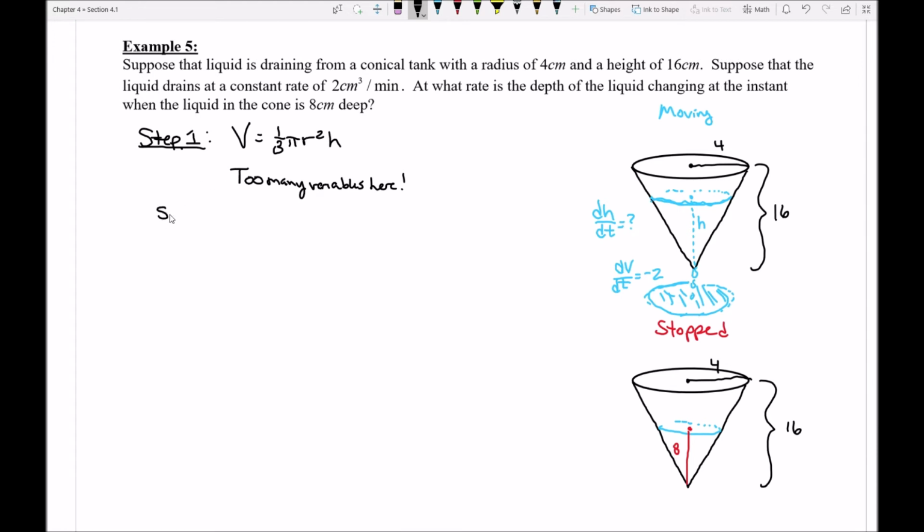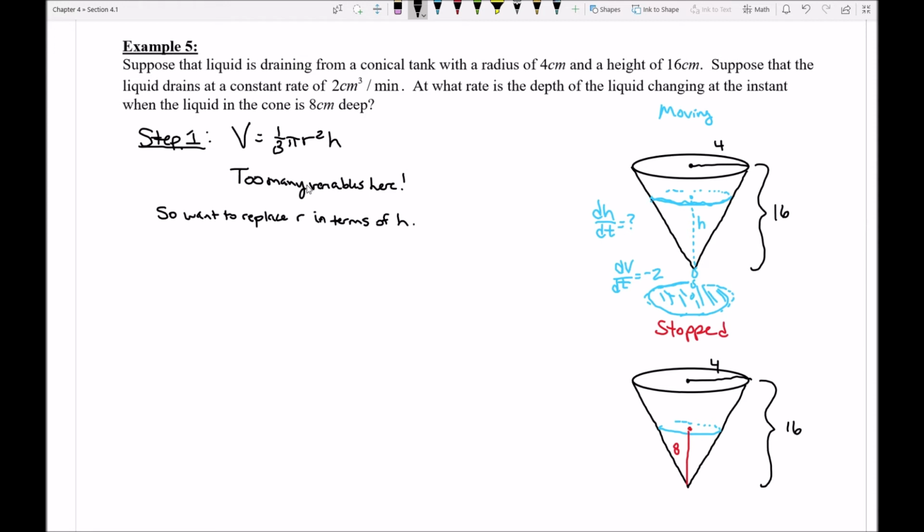I'll even write that here as our objective. We want to rewrite that. I'll say we want to replace r in terms of h. So I want to get rid of that so that the only variables in here are V and h.